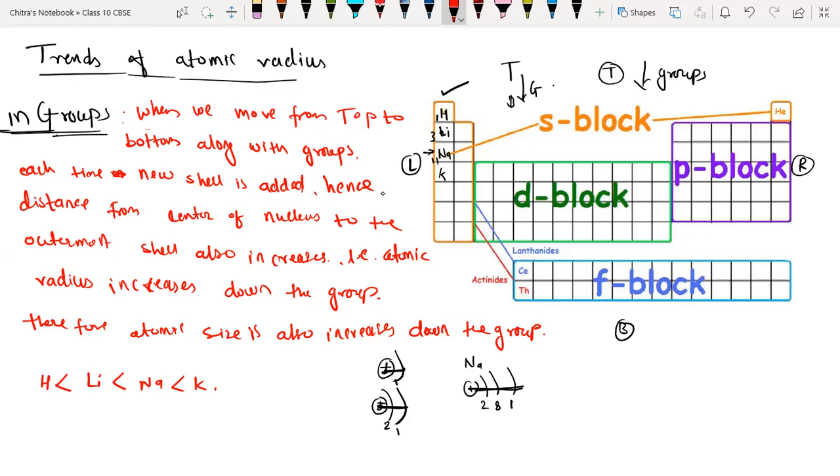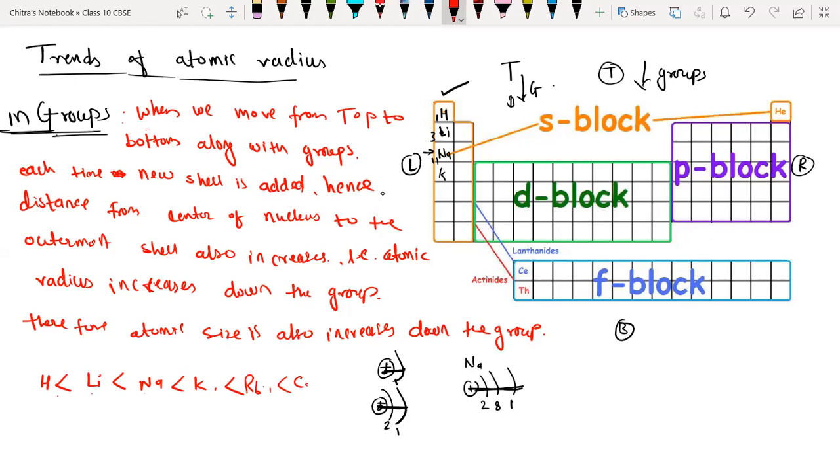Then potassium. After potassium, we have: Happy little nasty kids rub cat's fur. So rubidium, Rb, and cesium.